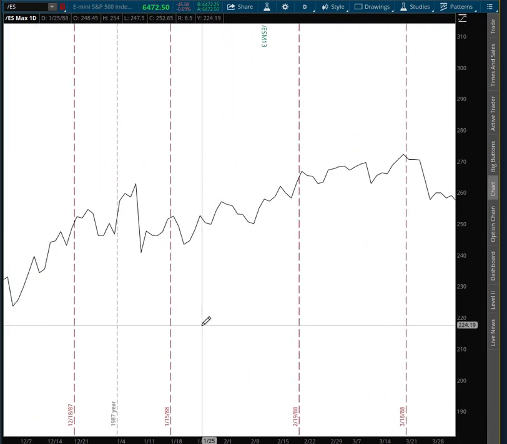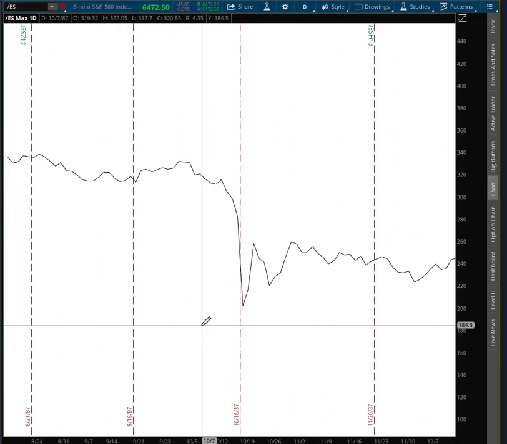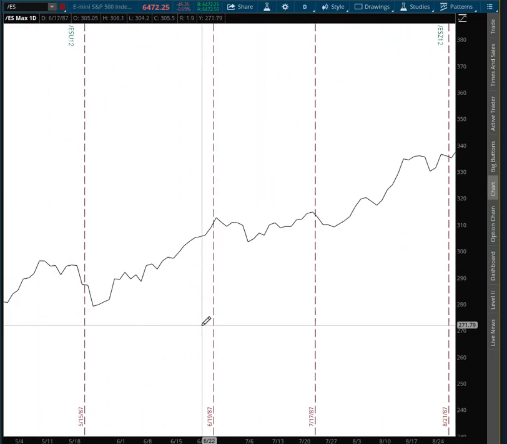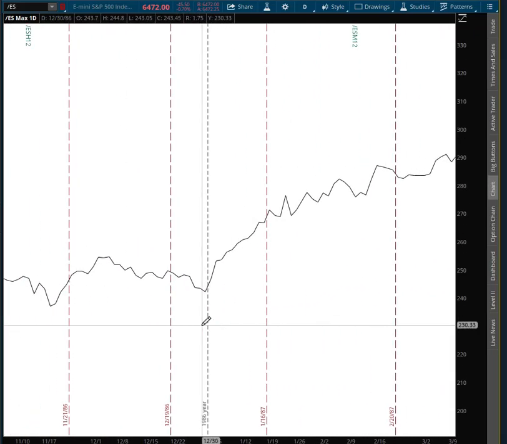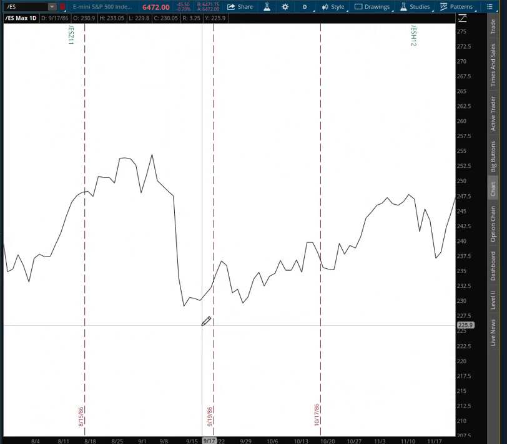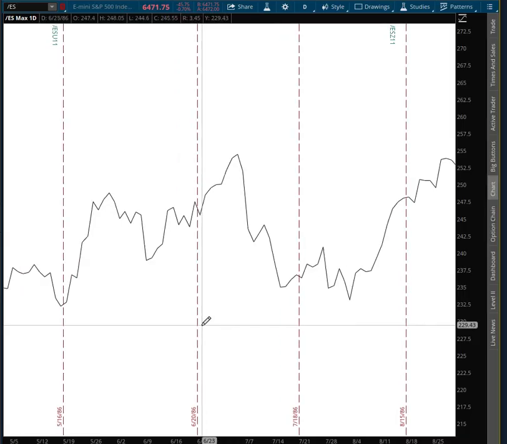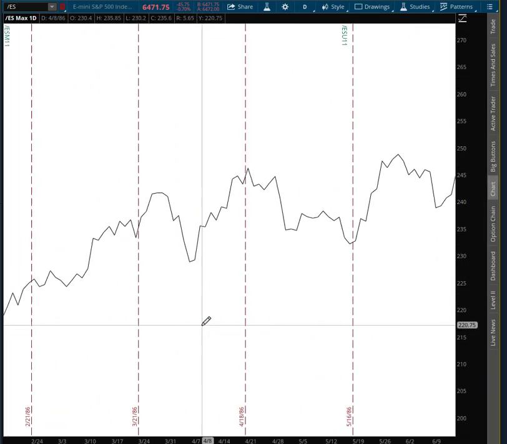And if we continue to look at the chart here, we can find probably, I think that's all I did this morning. And do we have any others?